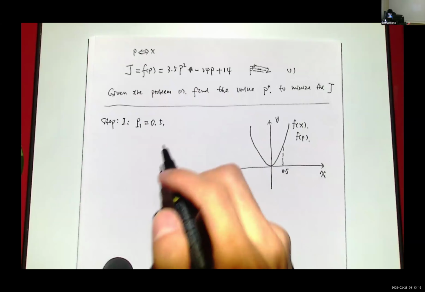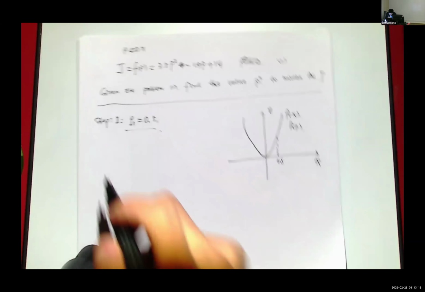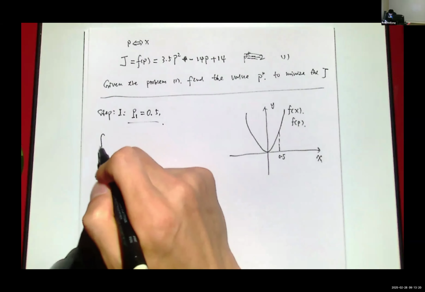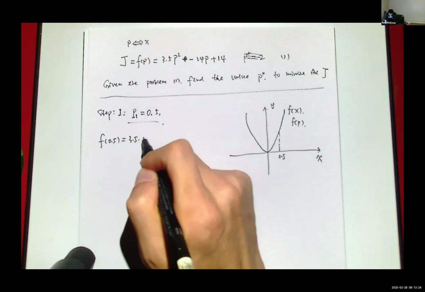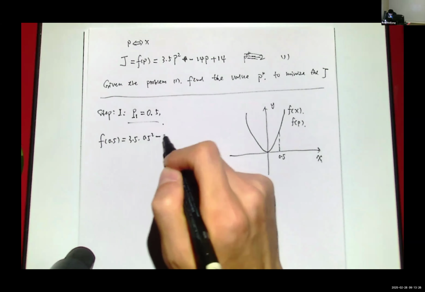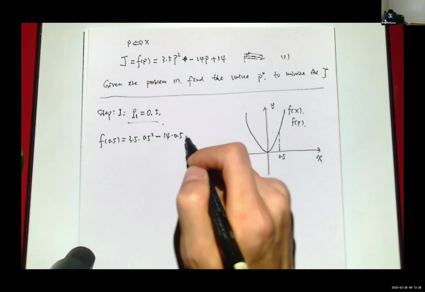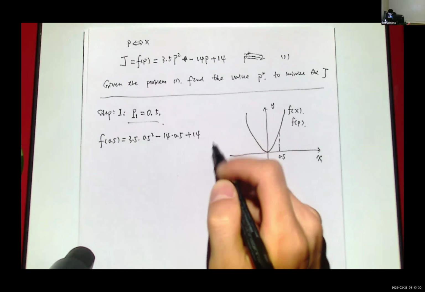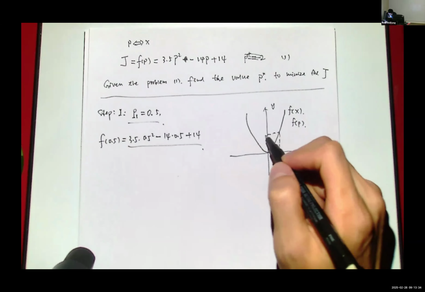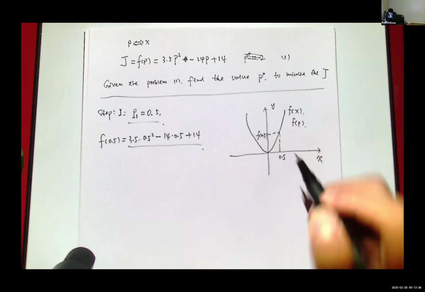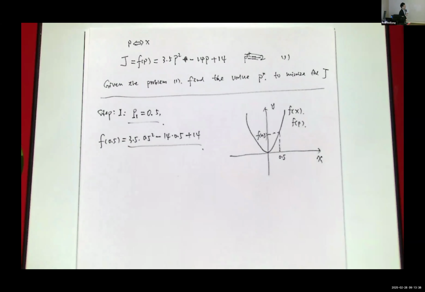Based on this value, you can calculate F(0.5). So this is the function value corresponding to this point.